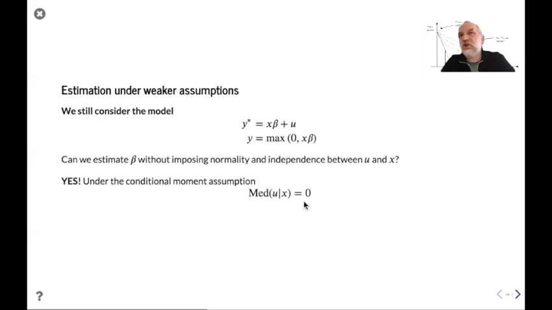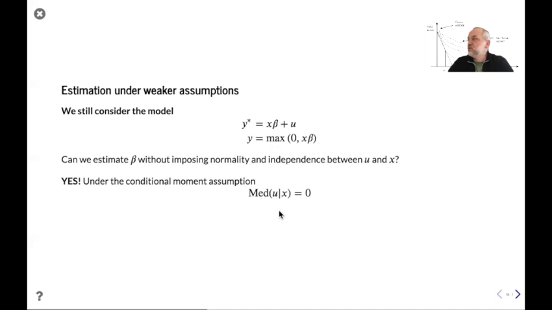Normally, what you have seen so far assumes that the conditional mean of a variable is equal to 0 to estimate parameters, just like we would do in the linear regression model to obtain OLS. But here we actually cannot do that, because we don't observe the variable, and we don't want to make assumptions about the distribution of that error term in this particular case.